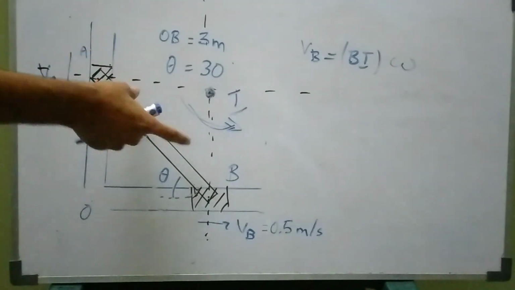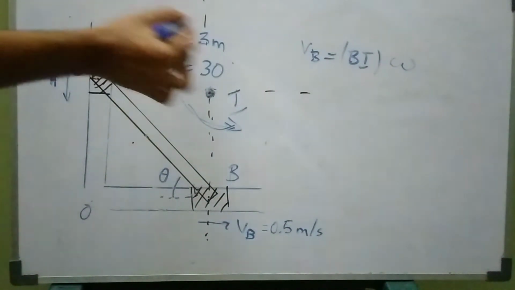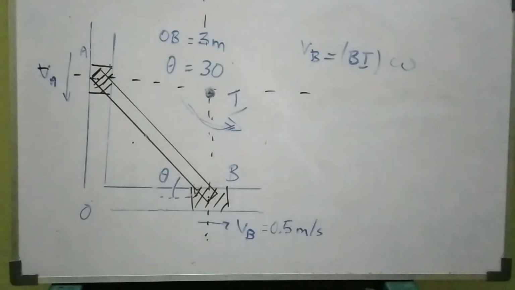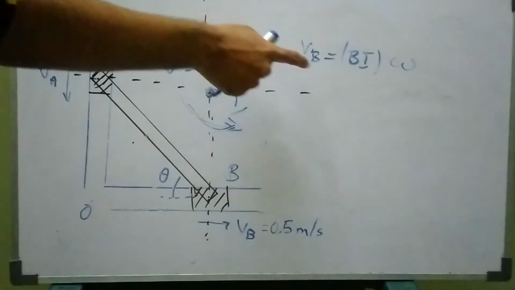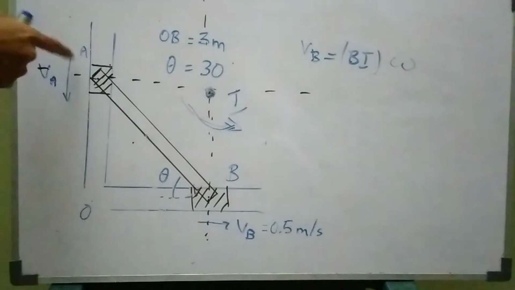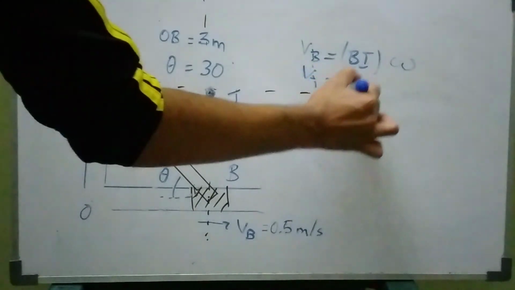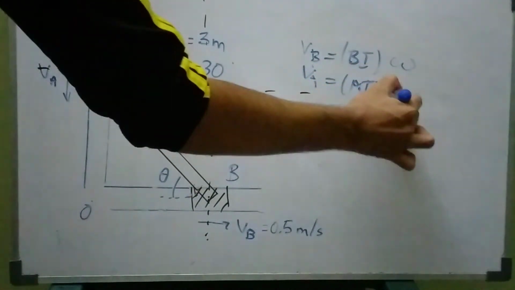The body may be moving in any direction, but at this instant it would be the same for any point. That's the main point you need to remember. So VB equals BI into omega, and we can find the value for VA also. VA would be AI into omega.